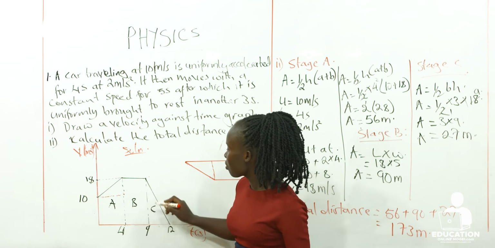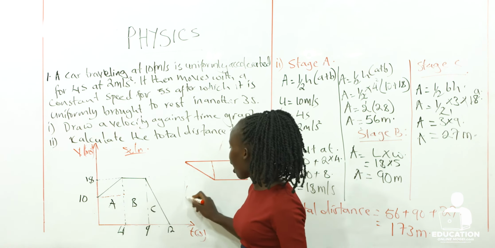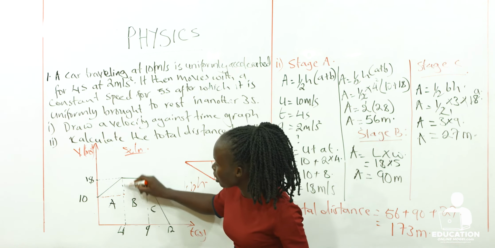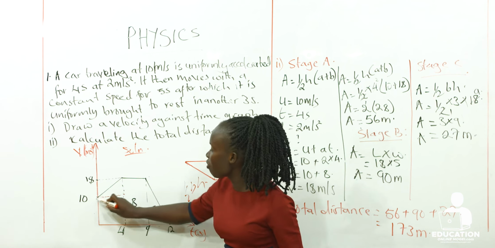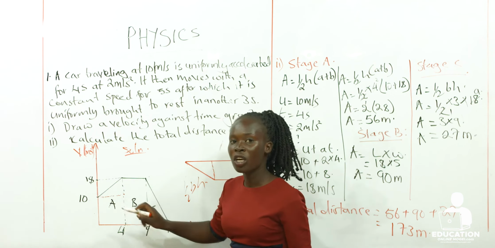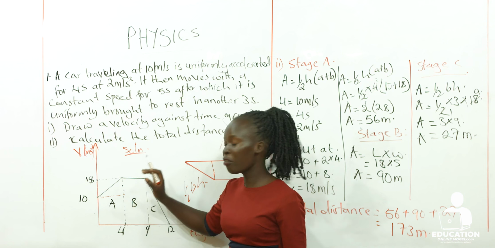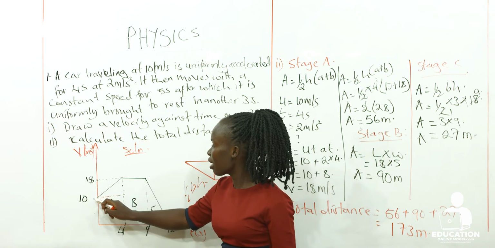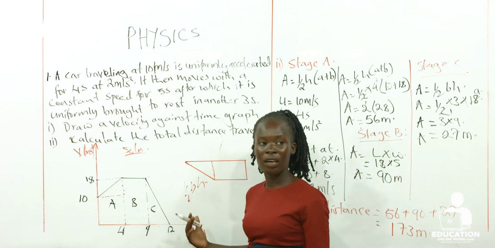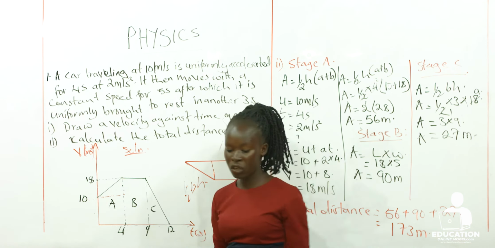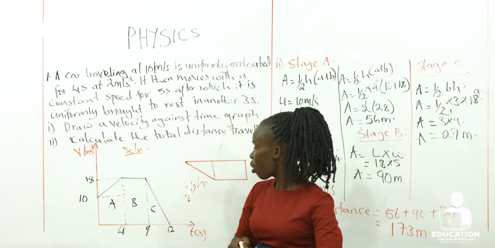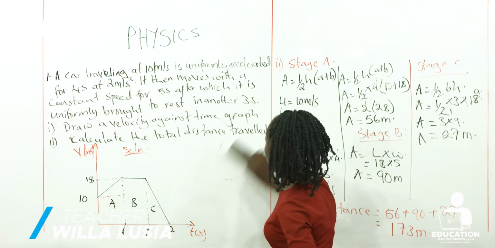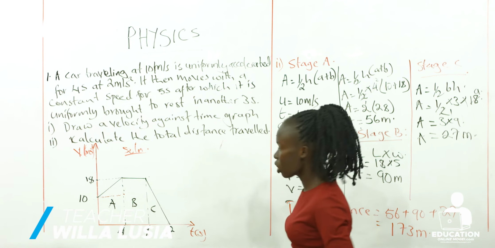So what is the base? Because it is a half base times height. So our base is here, from this point up to here. You get from the initial velocity to the final velocity, the difference of the two. So if you get 18 minus 10, you will see that you get the base of that triangle. So this is how we can find the distance from the velocity against time graph.